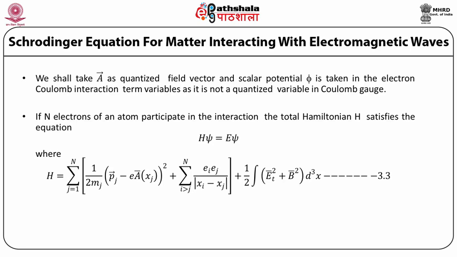The E vector squared is E transverse squared, and this gives the total energy in the electromagnetic field.